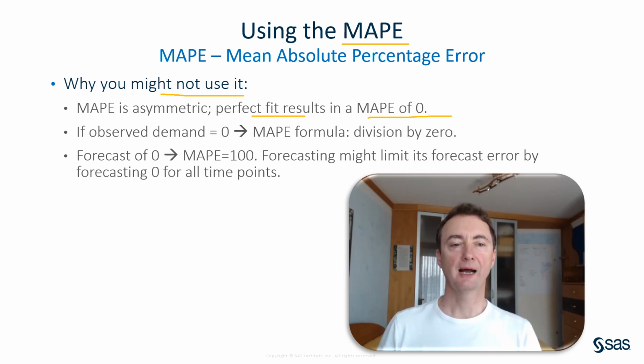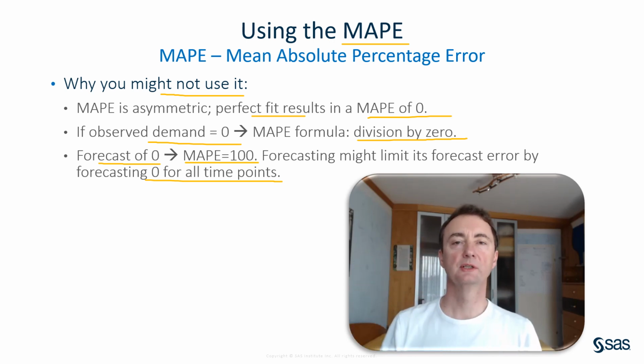If the observed demand is 0, the MAPE formula doesn't work, it gives a division by 0. And another thing is that a forecast of 0 always gives a MAPE of 100. So it might be that your forecasting or machine learning models learn this fact and better forecast 0 for all time points, as that way they can limit the MAPE.